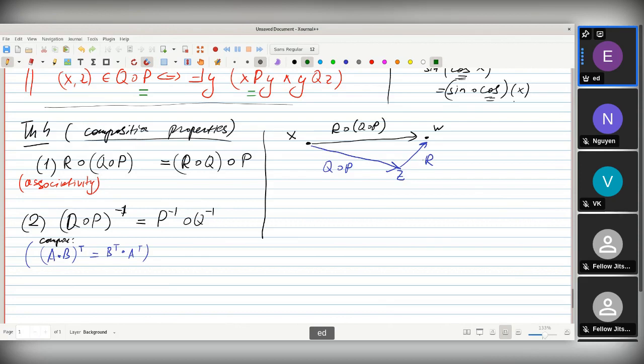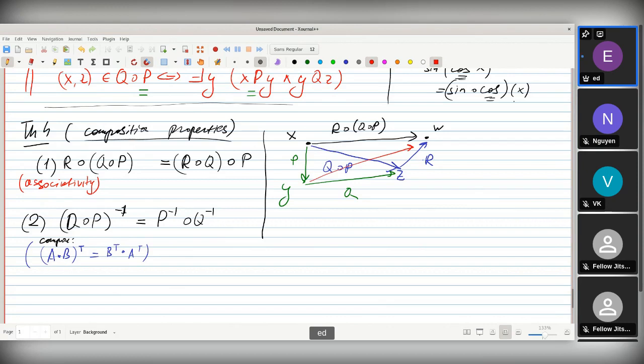But what does it mean? That means that there is some Y, which is such an intermediate point. And now we can just regroup. From Y to R, there is a two-arrow path.